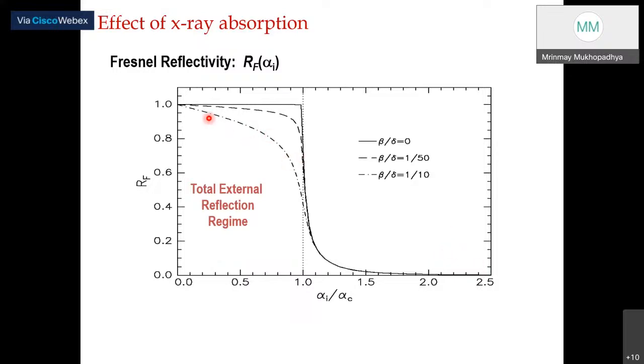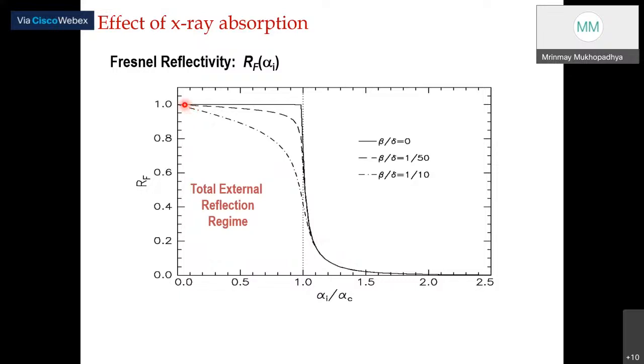So with more beta, you will not have this sharp fall at the QC. You will have this kind of convolution, whereas with less beta, you will have it like this. So the ideal case goes like this and then falls like this. But in reality, you will have this kind of bending at the knee. When you have more beta, the bending is much smaller and the curvature is much larger, so you will have this kind of fall.